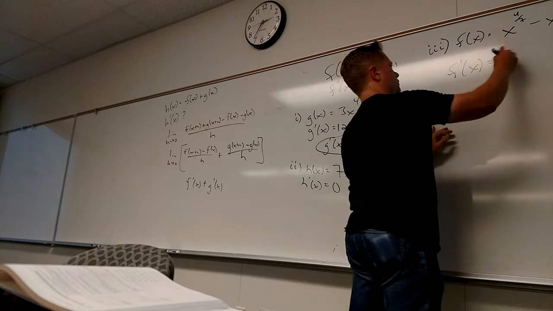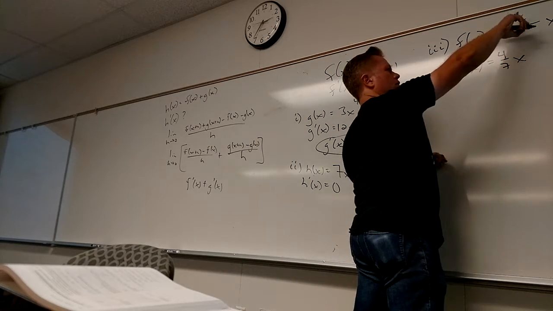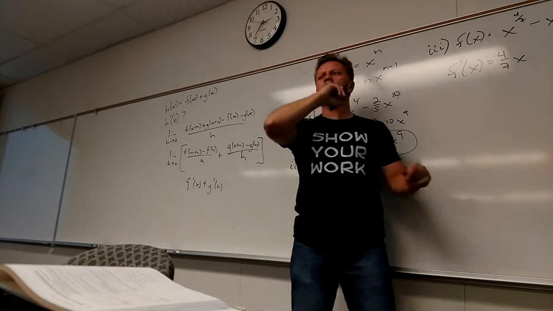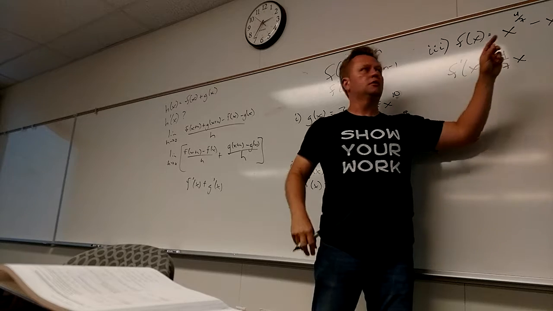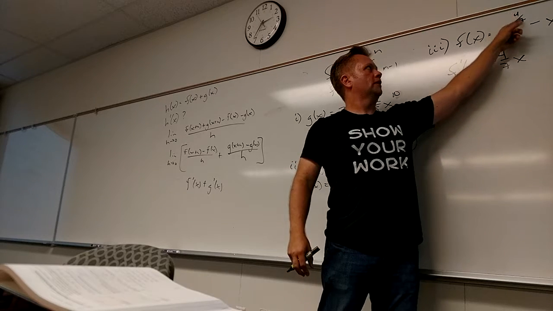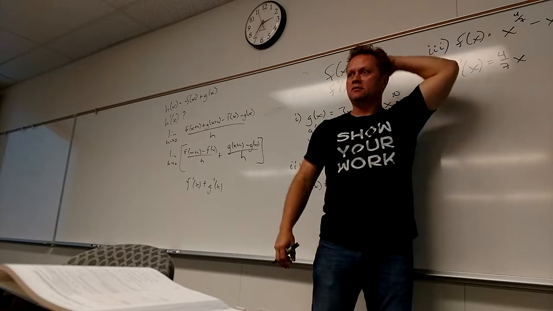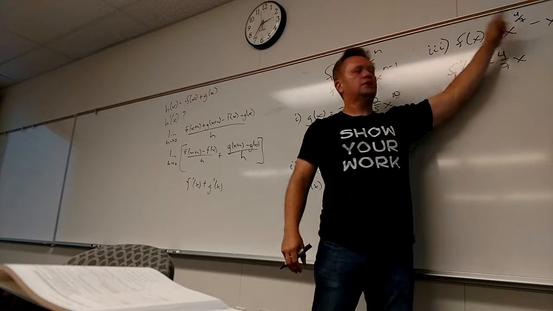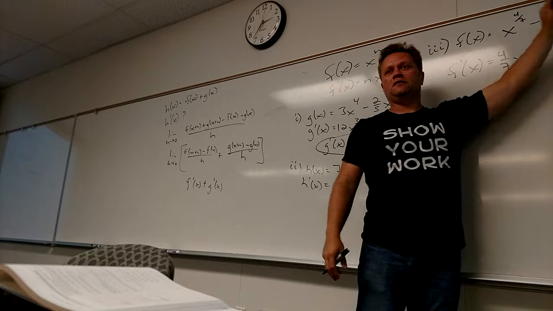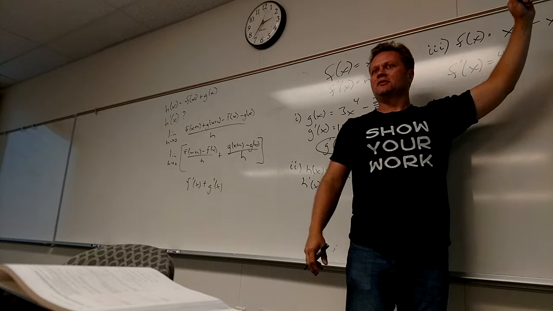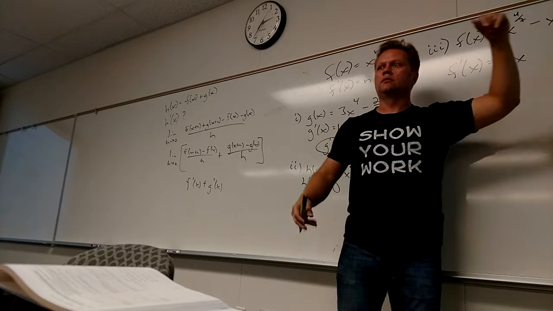4/7 comes down. X to the... You want to see something great? If you're subtracting 1 from any fraction, you can do 4 minus 7 is negative 3 over 7. Negative 2 minus 5, negative 7 over 5 is what it's going to be.